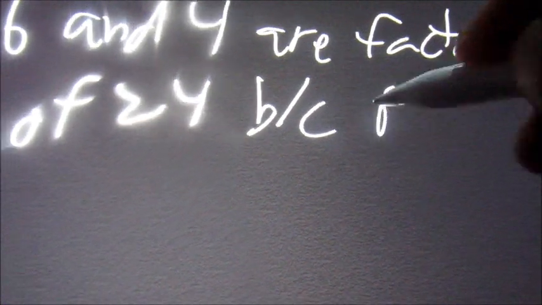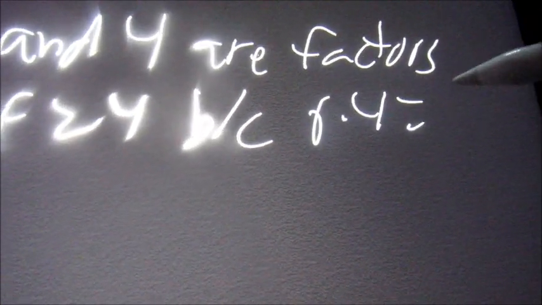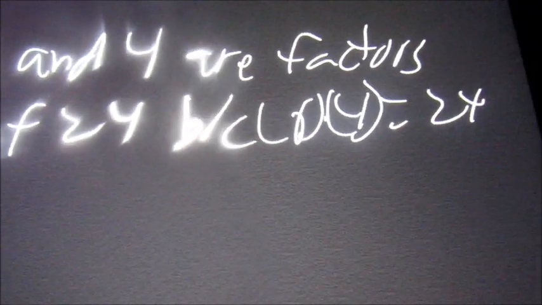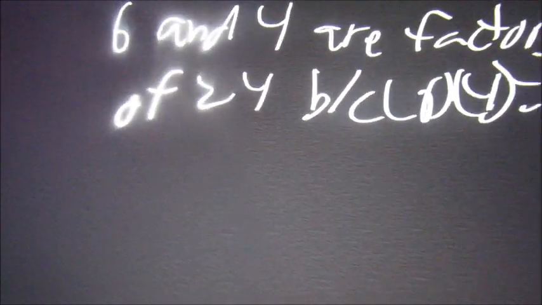Okay, so something to remember here. 6 and 4 are factors of 24 because 6 times 4 equals 24. So numbers that are multiplied to each other are factors of whatever it equals.